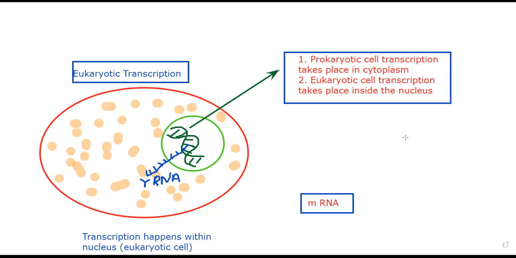Okay, so this is up to today's lecture, students. In eukaryotic transcription, we discussed what the differences are and how it takes place. I already discussed the rRNA and tRNA making, but the mRNA making process is quite twisting.